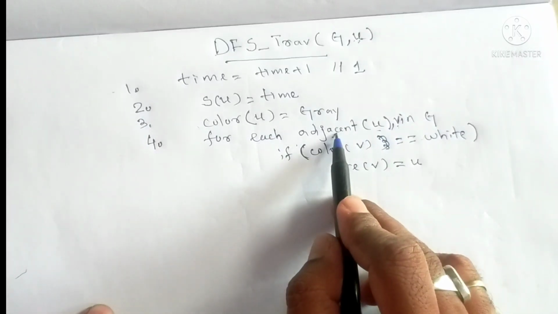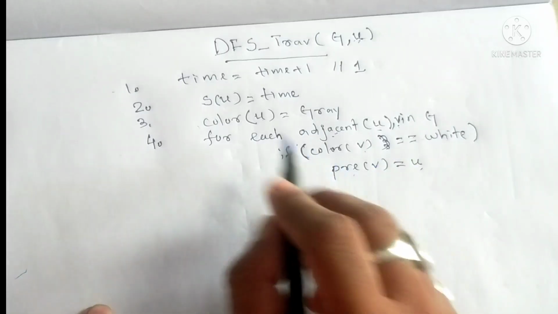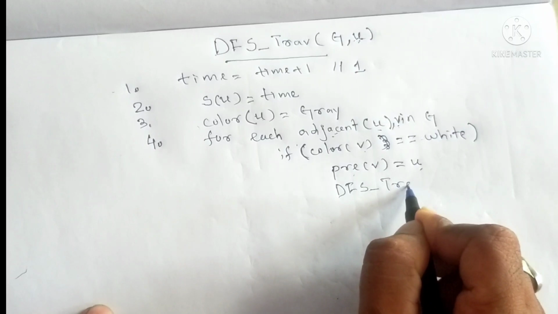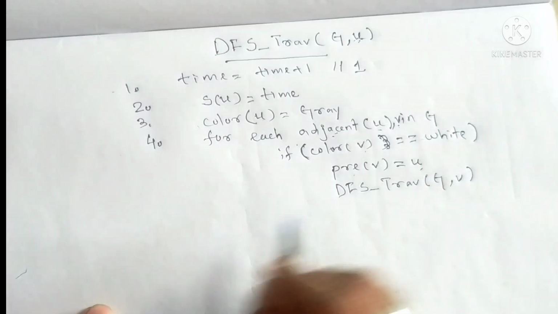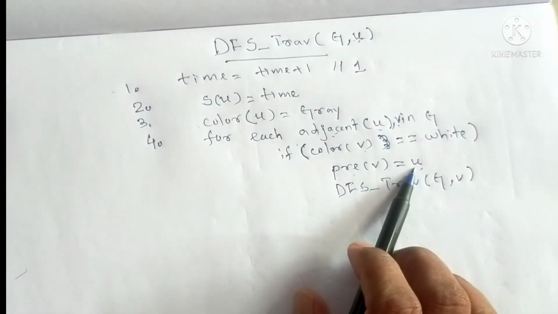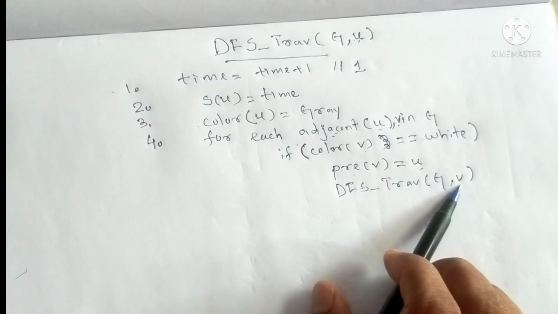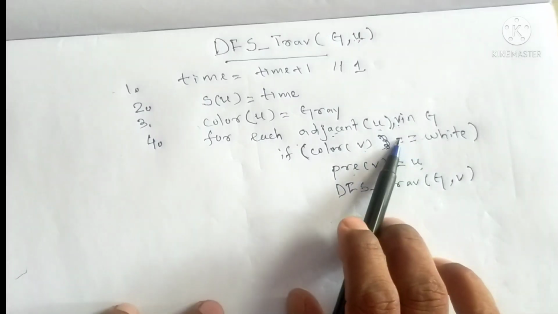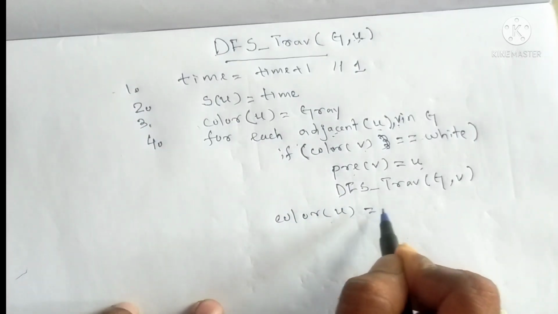Because V is the adjacent of U. If V is white color, then we will write the predecessor of V is your U. Then we will call the same DFS traversal algorithm here: DFS traversal of your current adjacent vertex V over the graph G. So just imagine that if you are getting a white adjacent vertex, then you will assign the predecessor as U and call the same process over the current adjacent vertex V. If you are not getting any white color adjacent vertex, then you are going to change the color of your U to black.